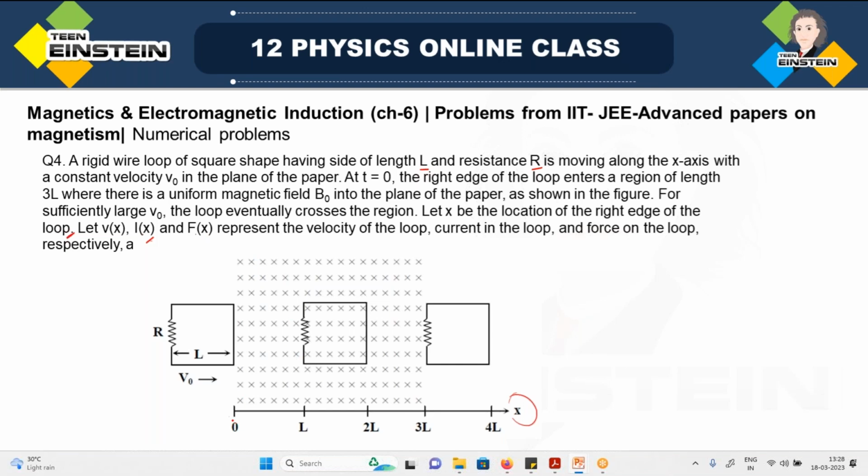Suppose this is the loop, it just enters here when x is equal to 0. X is equal to 0, and in this region, what is the magnitude of the current?